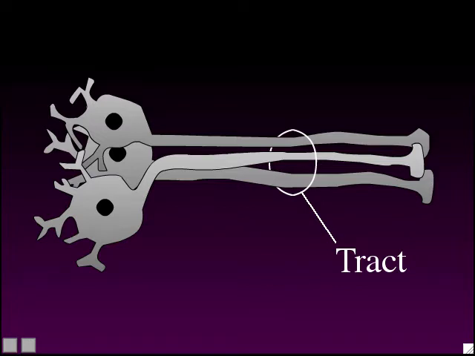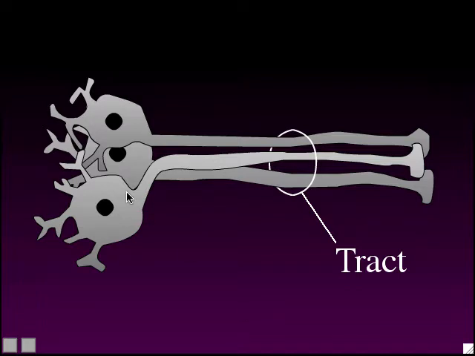Now, just as a review question: if this were a bundle of neurons in the peripheral nervous system, it's not called a tract. Who remembers what we call a bundle of neurons in the peripheral nervous system? The answer is a nerve. If it's a bundle of neurons in the peripheral nervous system, you call it a nerve, and if it's in the central nervous system, you call it a tract. Okay, so that's a tract.